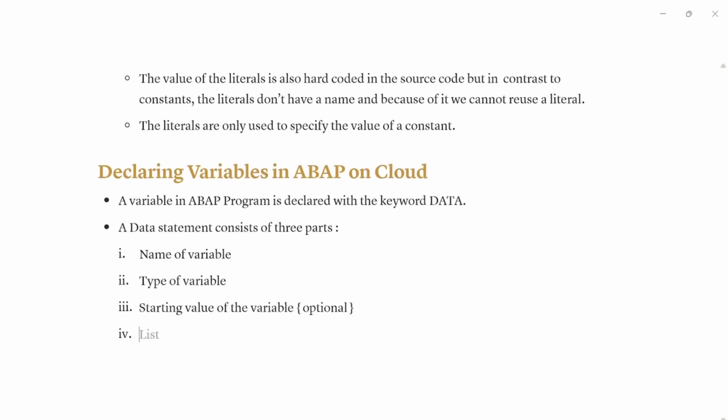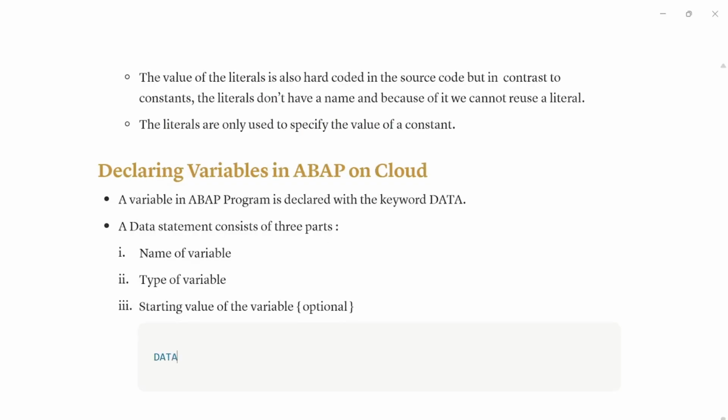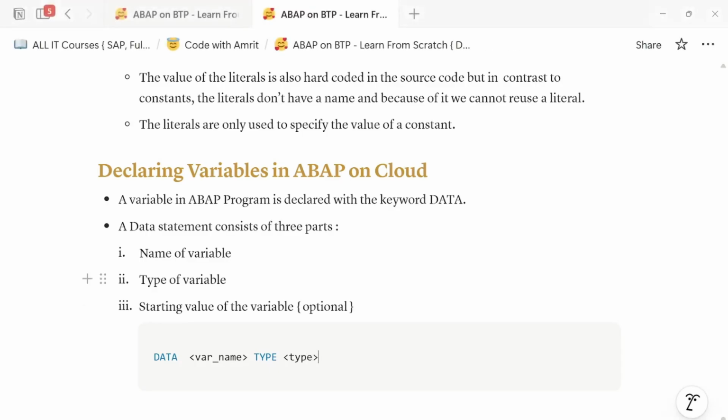Now the syntax: the DATA keyword is used, then the variable name, then the TYPE keyword, then the type of the variable, which is the second part of the declaration.